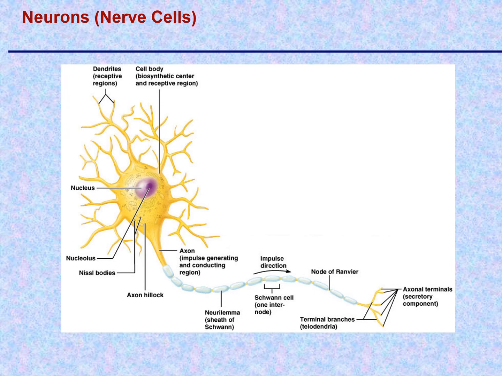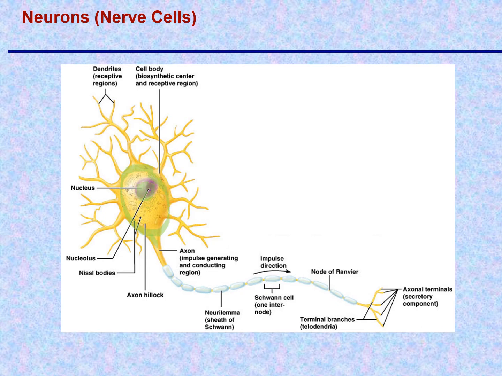Here you see an example of a neuron. This happens to be probably a motor neuron, a neuron that will end up stimulating muscle. Here is the cell body. All of this is the cell body with the nucleus in the center.